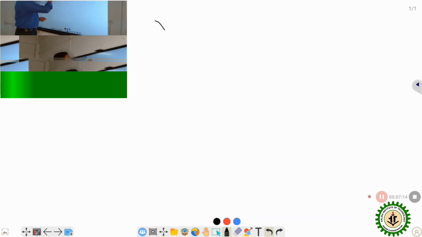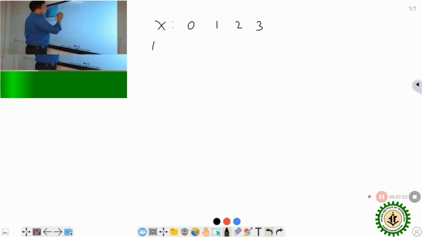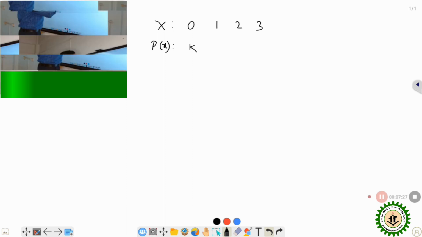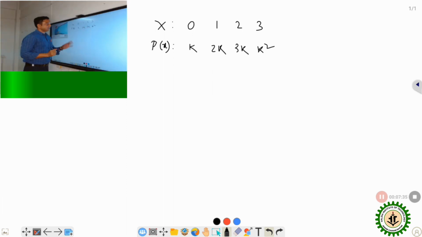Okay. Let capital X be a discrete random variable. It takes the values 0, 1, 2 and 3, and its probability P of x is k, 2k, 3k and k square. These are the probability mass function, PMF, for the random variable values 0, 1, 2 and 3.